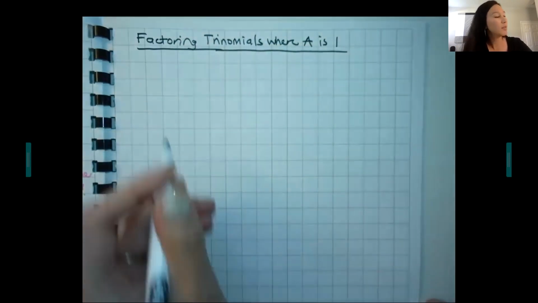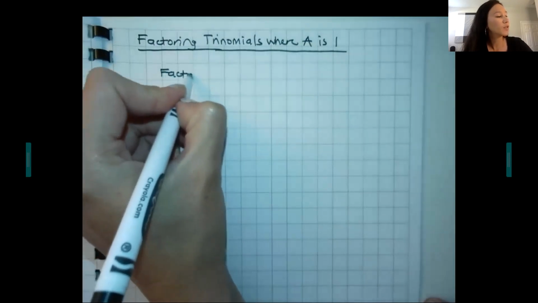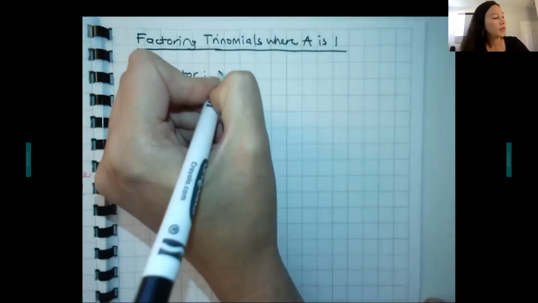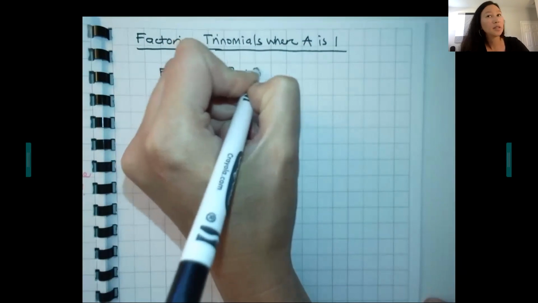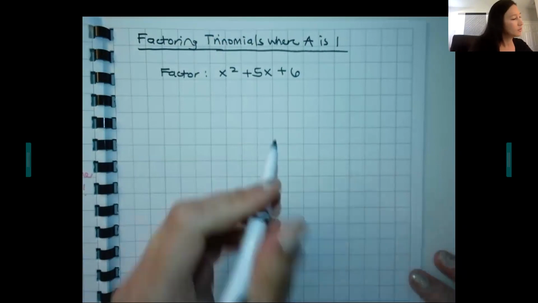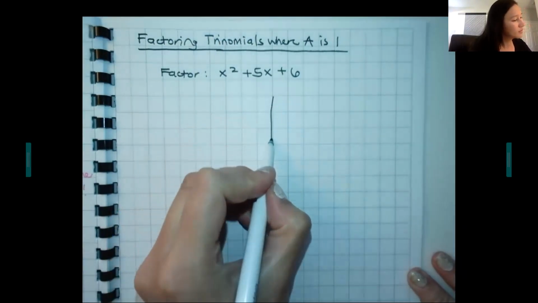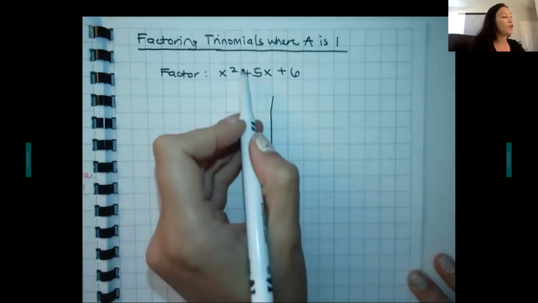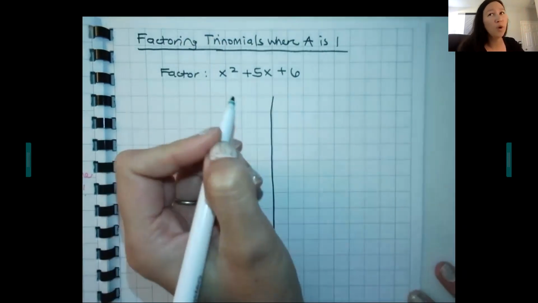Okay, so our next step in factoring is factoring trinomials. So something like x squared plus 5x plus 6. And so for these, we're always going to need 4 boxes.